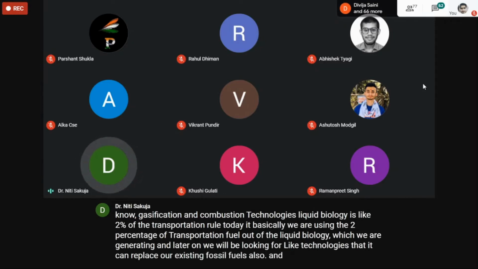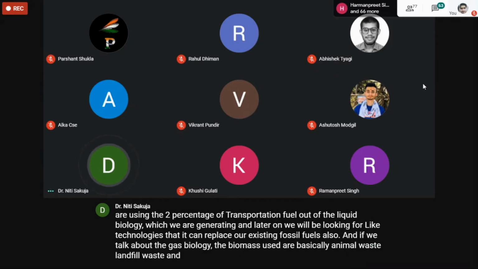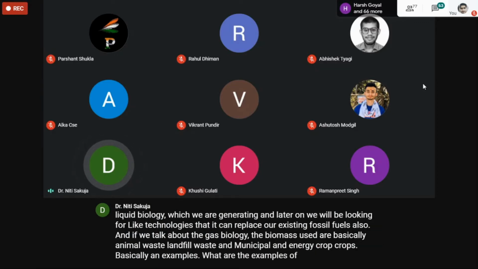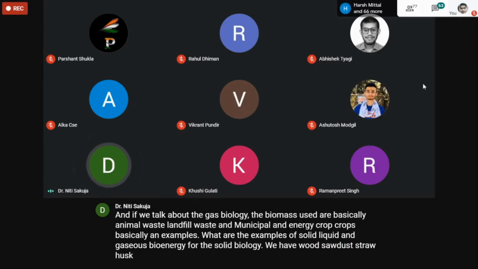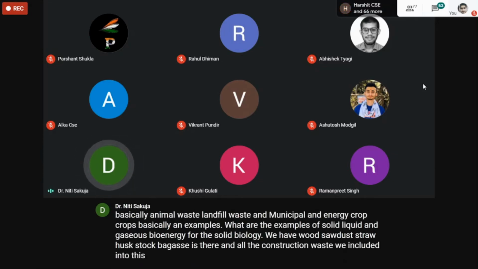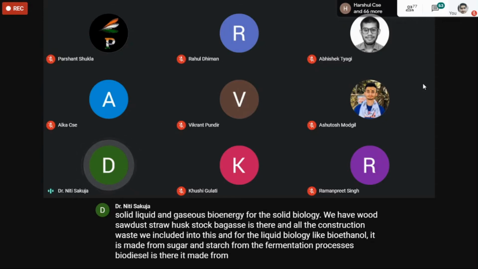If we talk about gas bioenergy, the biomass used is basically animal waste, landfill waste, municipal waste and energy crops. What are the examples of solid, liquid, and gaseous bioenergy? For solid bioenergy, we have wood, sawdust, straw, husk, stock, bagasse, and construction waste. For liquid bioenergy, bioethanol is made from sugar and starch by fermentation processes, and biodiesel is made from plant oil and animal fats.